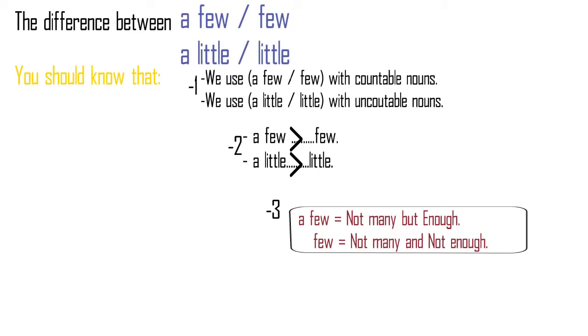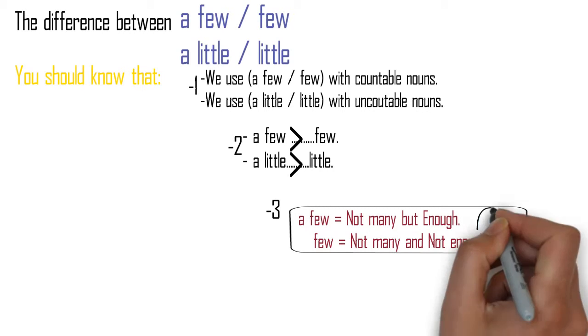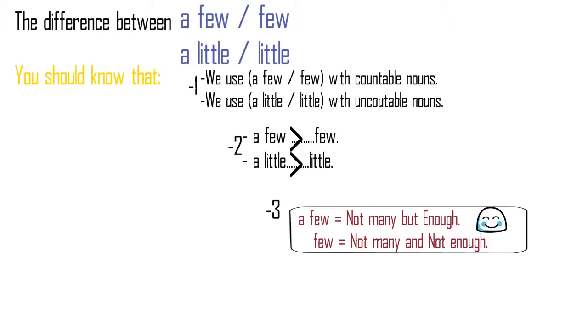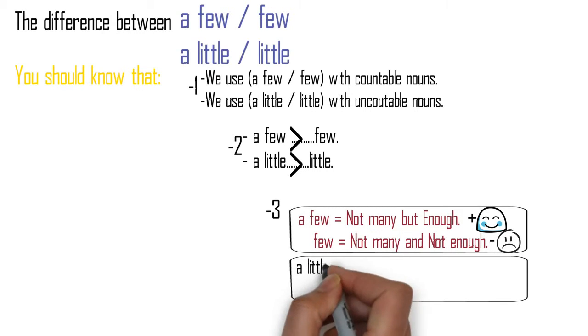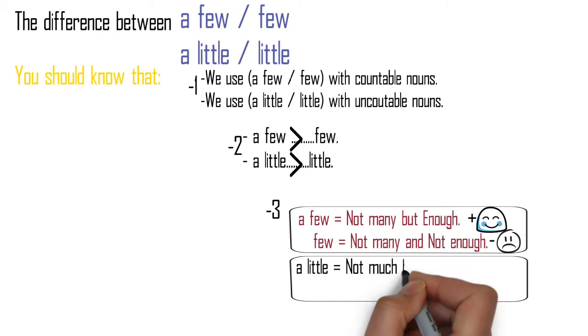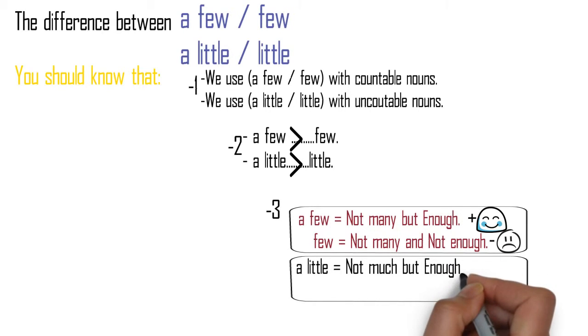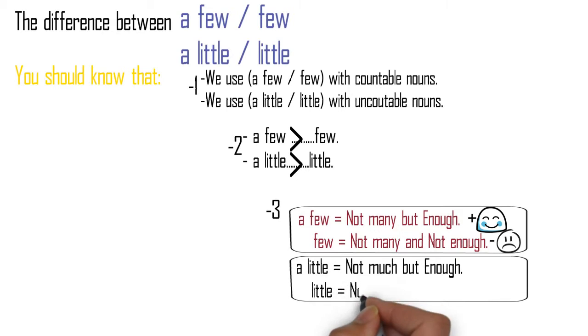That is to say, a few is a positive idea, whereas few may convey a negative idea. A little means not much, but enough.